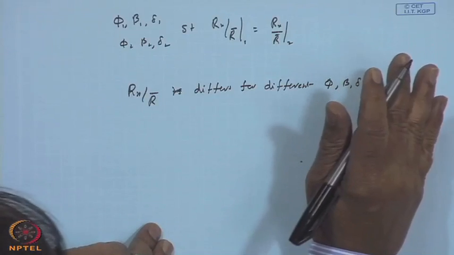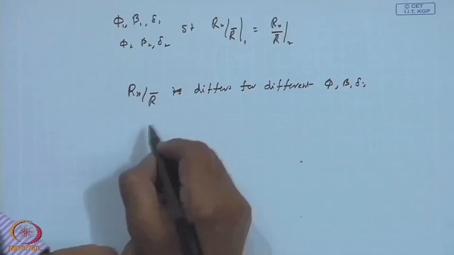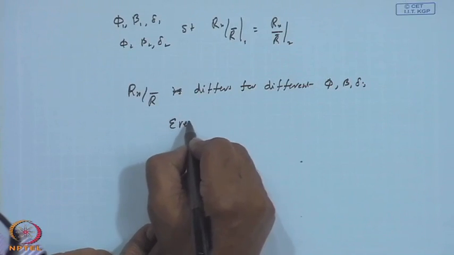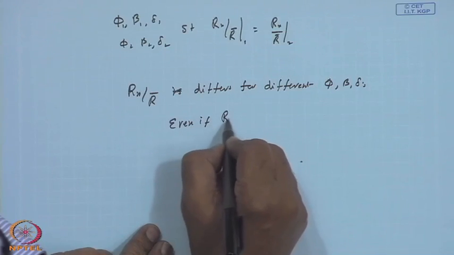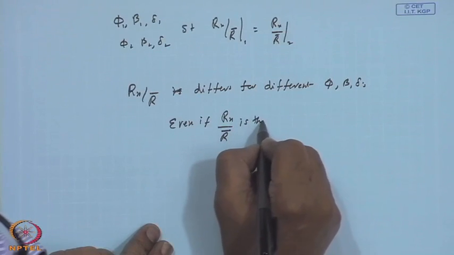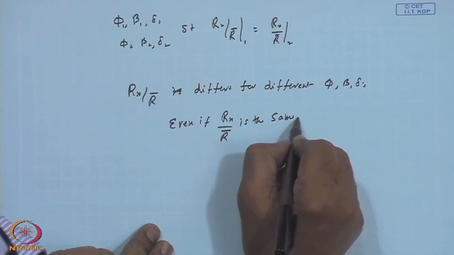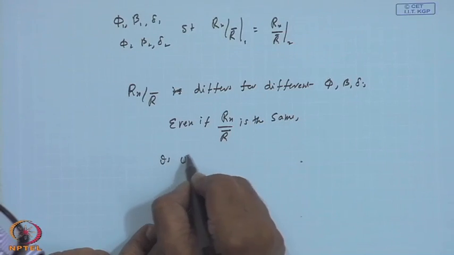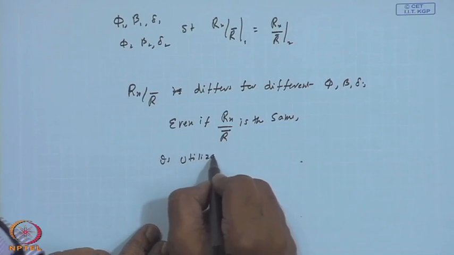This is obvious, but even if R n by R bar is the same, is utilizability the same?